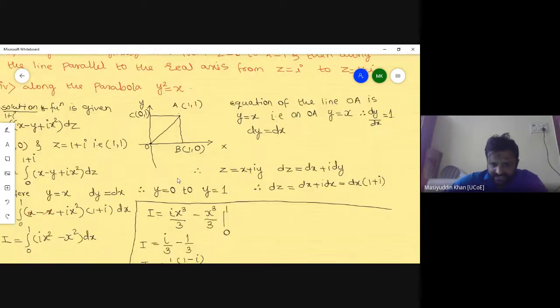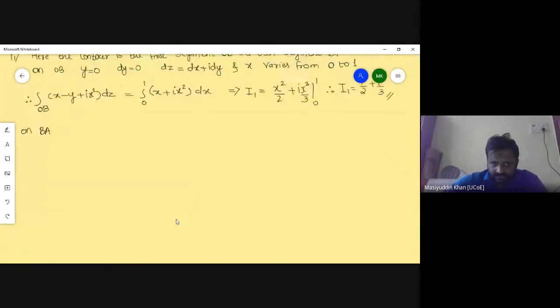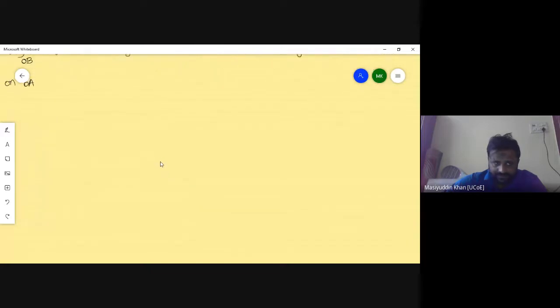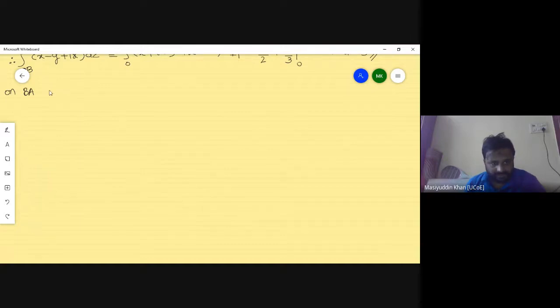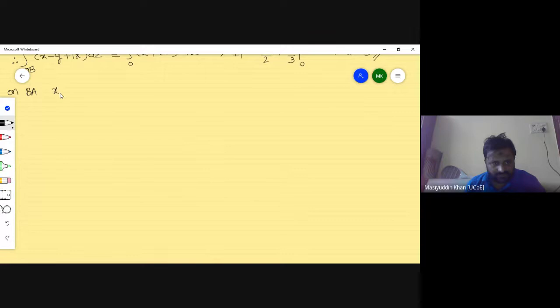So I'm just taking x equal to 1 here, on segment BA, x equal to 1.